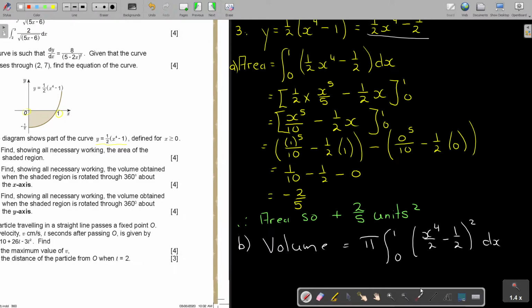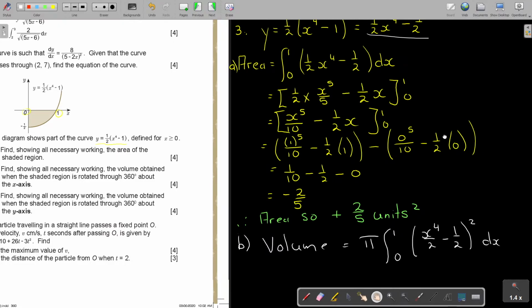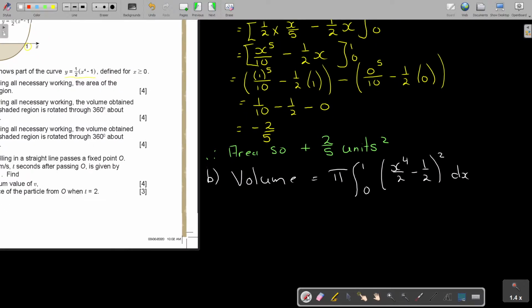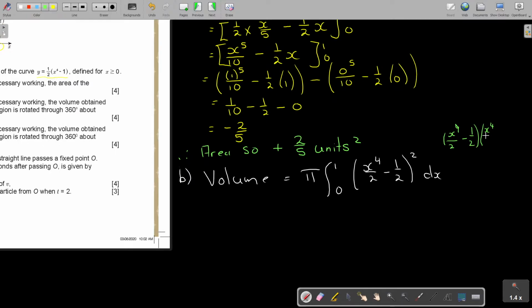So it's just a little bit more simplifying now, and the pi's just moving along. Let's just first get this. I like to do it rather on this side, so it's x to the power 4 over 2 minus a half.